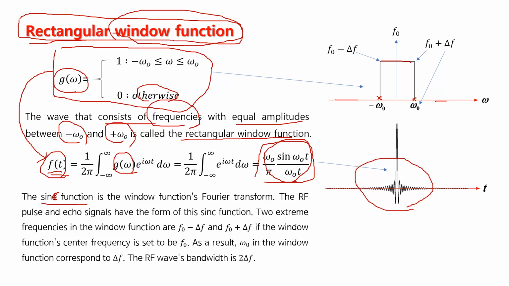The sinc function is the window function's Fourier transform. The RF pulse and the echo signals have the form of this sinc function. So RF signal and echo signals look like this.